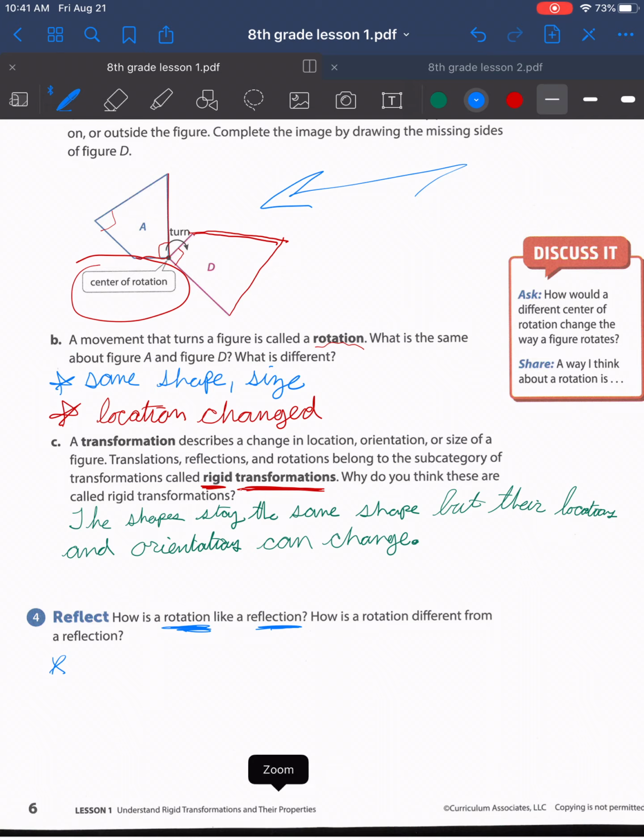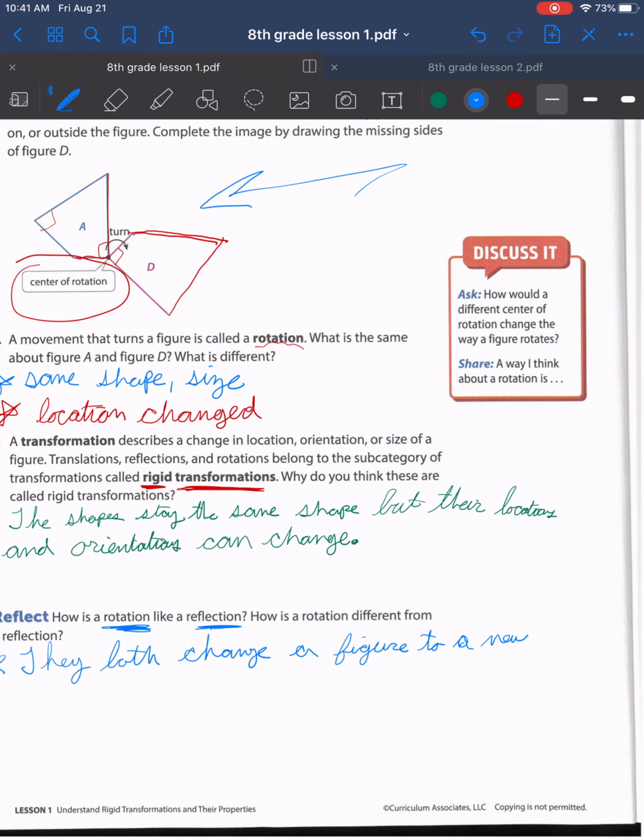Okay, so I'm going to say they both change a figure to a new location. It seems like they both stay the same size, right? The shape stays the same size.